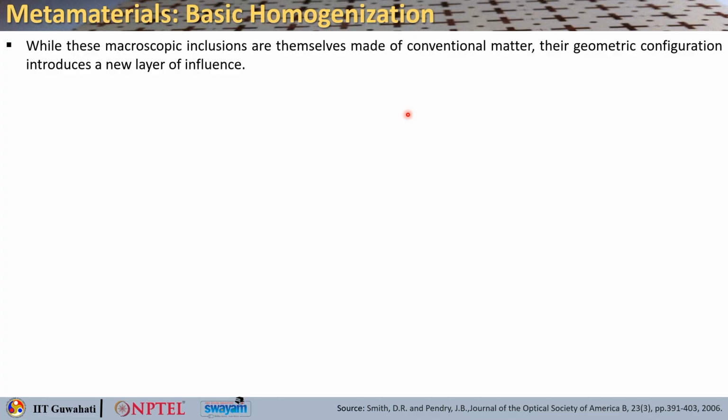Now, you must have seen that these macroscopic inclusions are themselves made of conventional matter, right. However, their geometric configuration, the way you design it and the way you design the periodicity, introduces a new layer of influence, right.